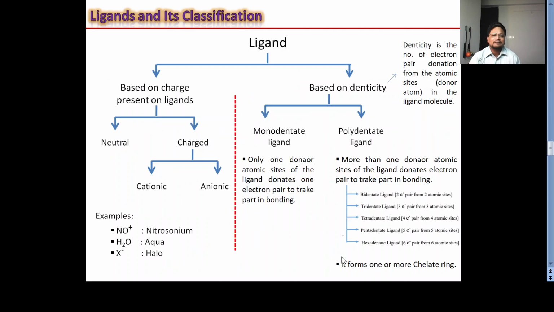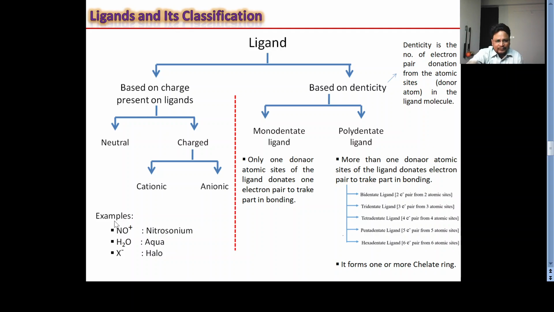Now ligands are classified based on two parameters: one is charge, and the second is denticity. When we consider the charge present on the ligand, it can be neutral or charged. In case of charge, it can be cationic or anionic.